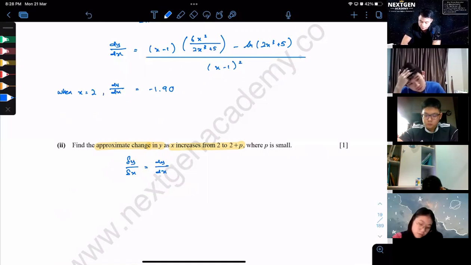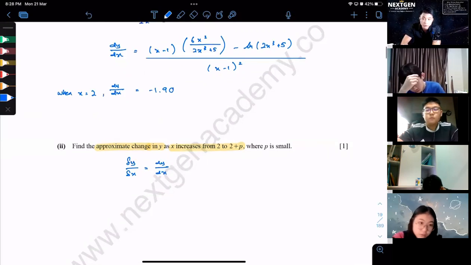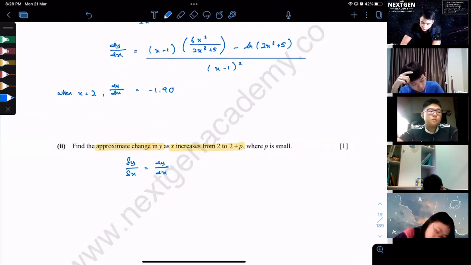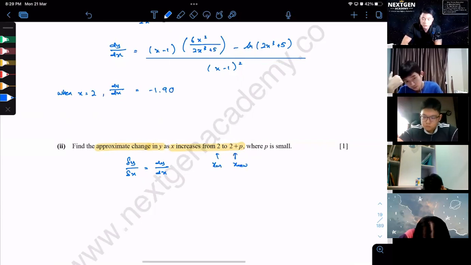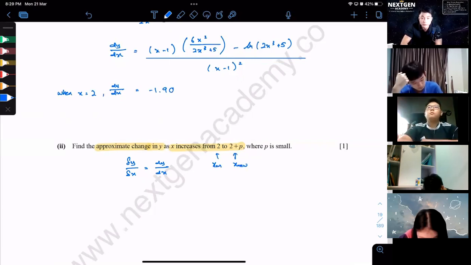And you see x increases from 2 to 2 plus p, so this is my x original, this is my x new. From the previous question, we already used x equals 2, so technically that is my dy over dx already, the negative 1.9.